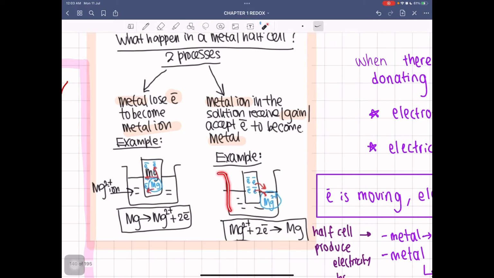Just now we have the magnesium 2+ ion over here as a solution. When this one releases electrons, this will eventually attract them. When it gains electrons due to the attraction, it will form magnesium metal or magnesium atom.